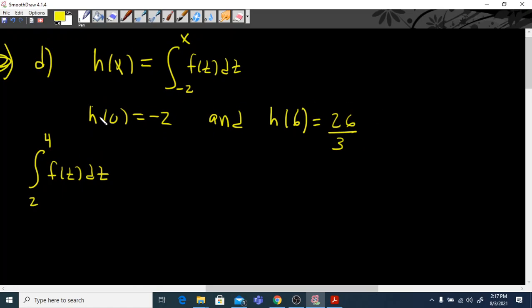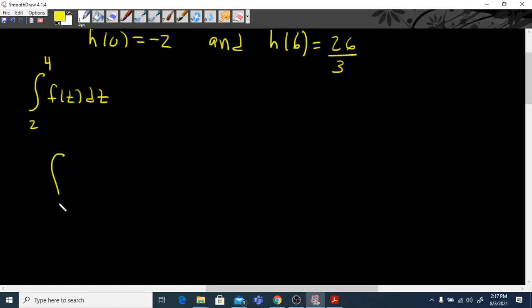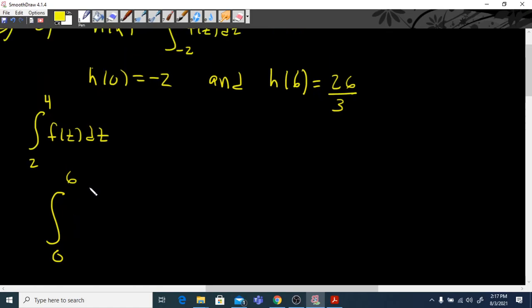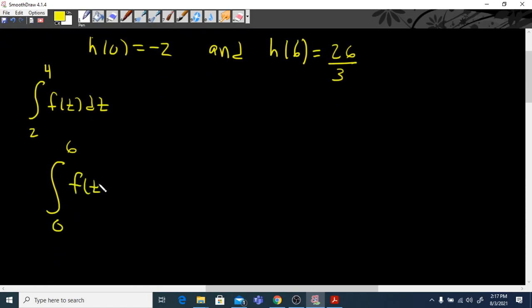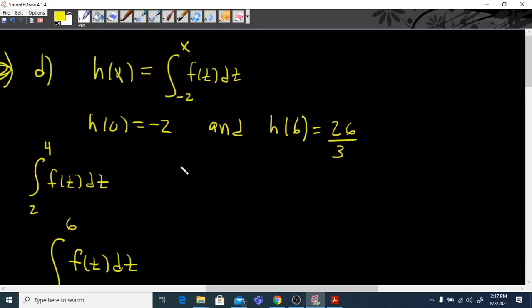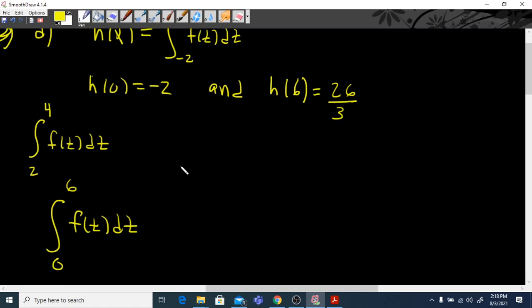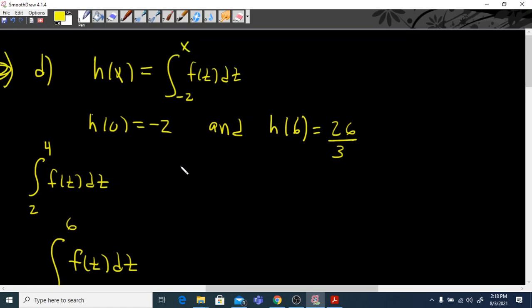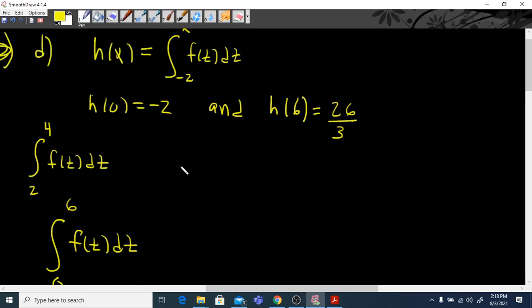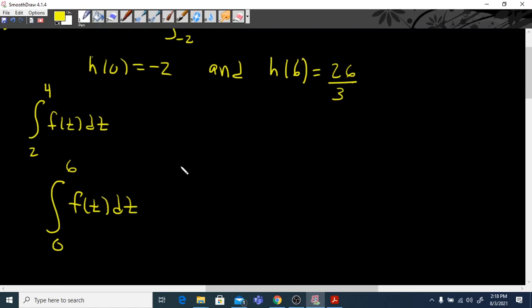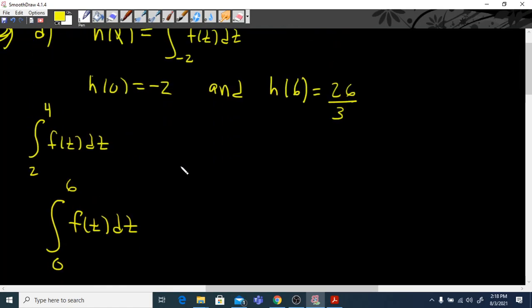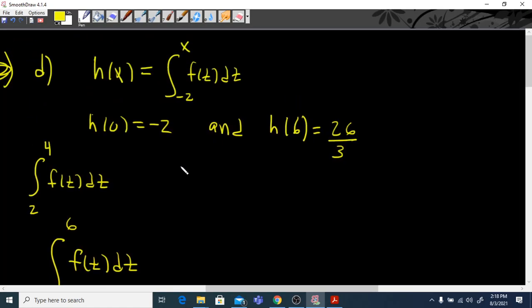It tells us these two things. So let's do the integral from 0 to 6 of f(t) dt.